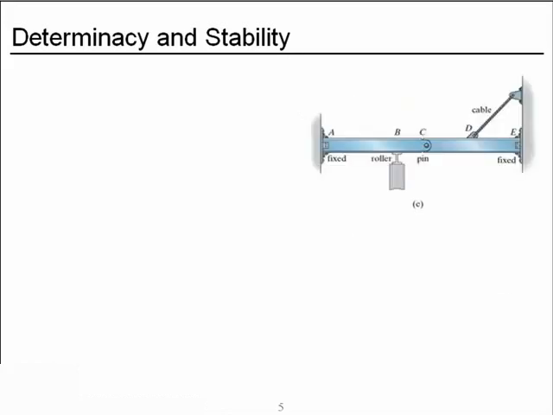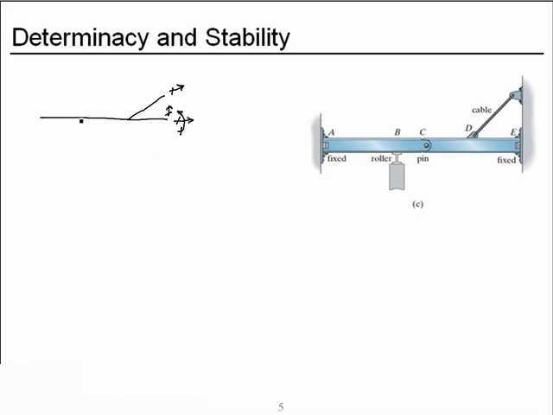Now let's try the beam. If we ignore the pin inside the beam and consider only the unknown support reactions, the free body looks like this. We get an unknown along the length of the cable. It's fixed at E, so we get two force reactions and a moment reaction.